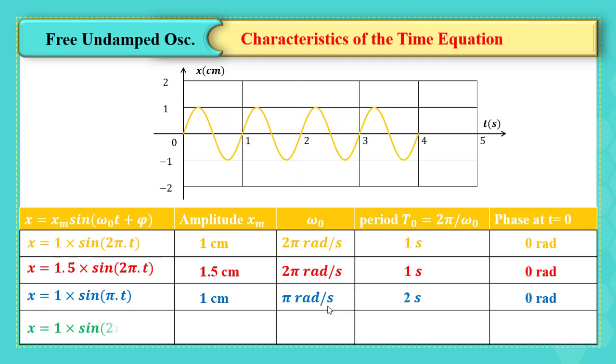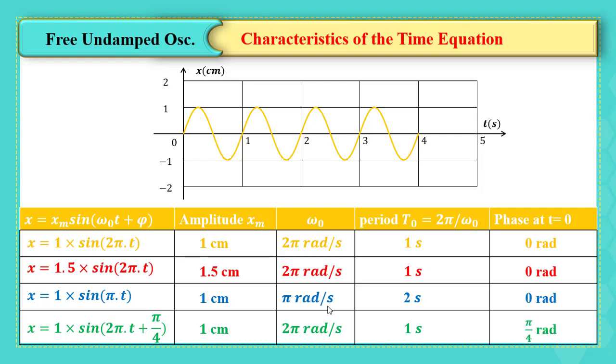Finally, consider the expression x equals 1 sine(2 pi t plus pi over 4). Here, what do you think? What about the amplitude? Yes, it's 1 centimeter. What about the angular frequency? Okay, it's 2 pi radians per second. So the period is 1 second. Now, what is the phase at t equals 0?